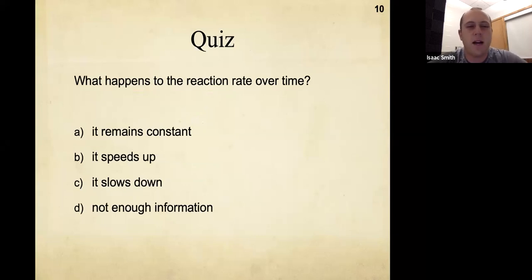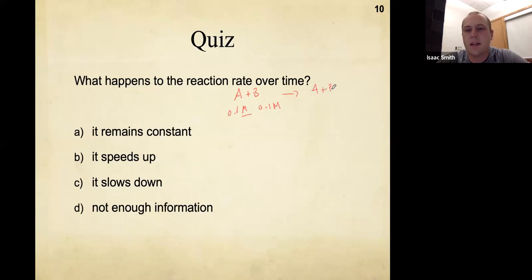Okay, so the quiz says, what happens to the reaction rate over time? I think the easiest way to think about this is, let's say you start with A plus B at a concentration of 0.1 molar of A and 0.1 molar of B, right?